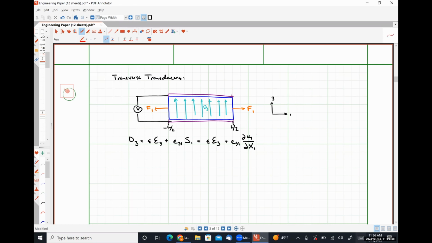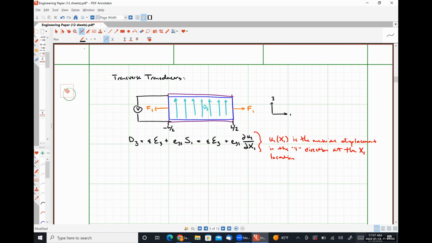Where U1 as a function of X1 is the material displacement in the 1 direction at the X1 location. All right.